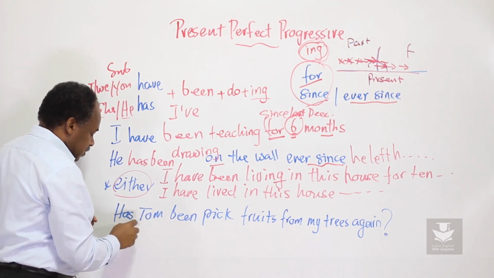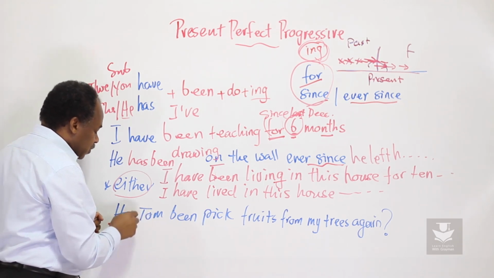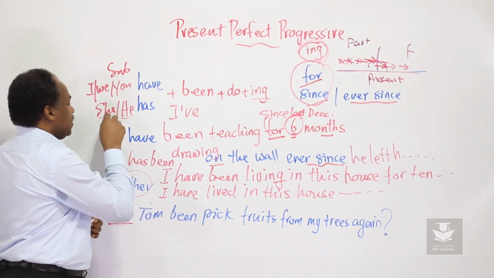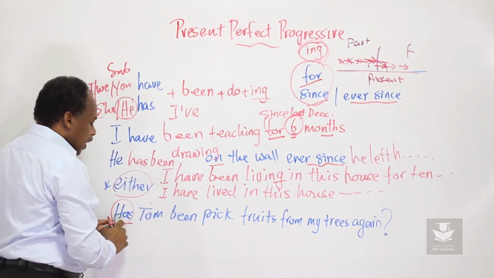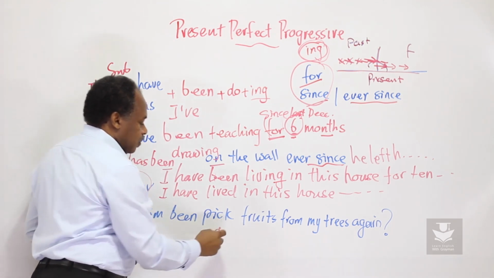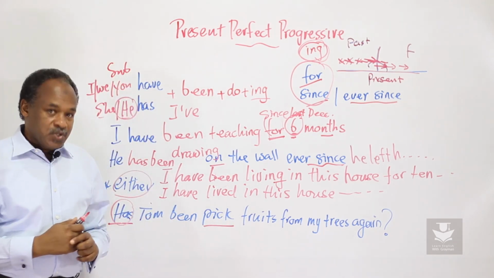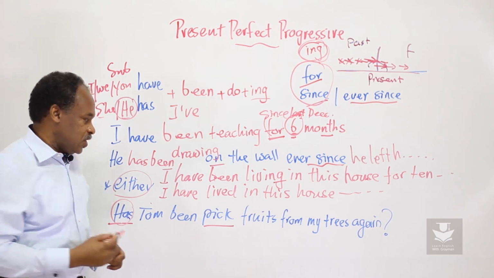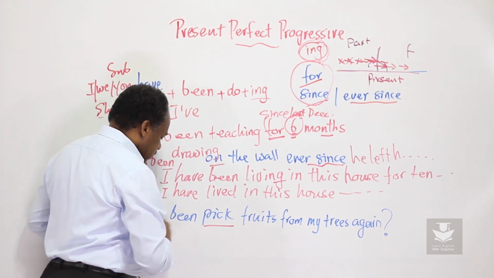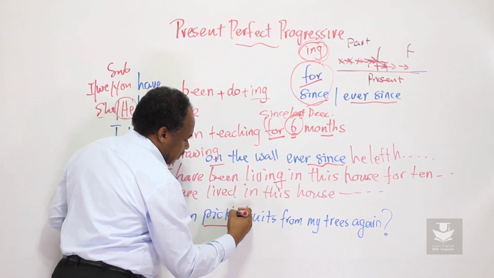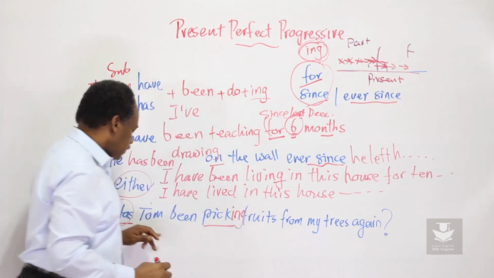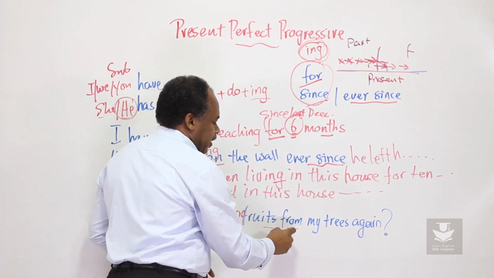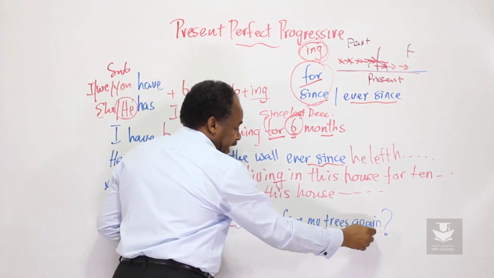Tom, here, this is the question. Has Tom. Why do we use has for a question? Because Tom is he. Has Tom been, what should we add here? Present perfect progressive or present perfect continuous. Has Tom been picking fruits from my trees again?